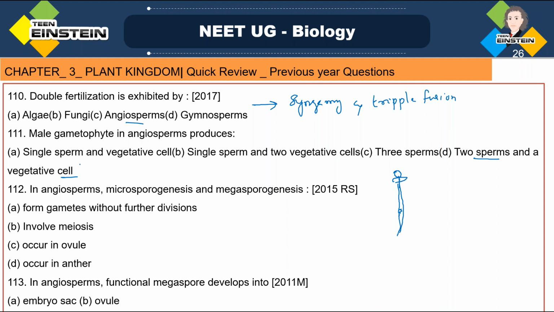Right. Next question is, in angiosperms, microsporogenesis and megasporogenesis: option A, form gametes without further division; B, involve meiosis; C, occur in ovule; D, occur in anther. Which is the right answer?